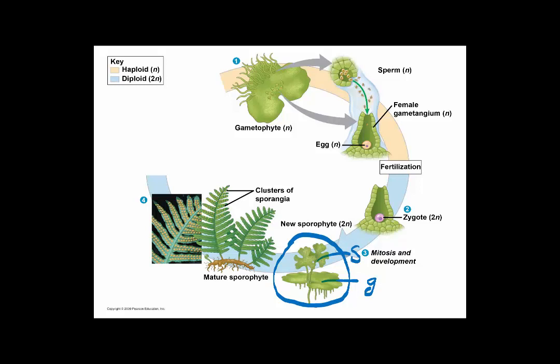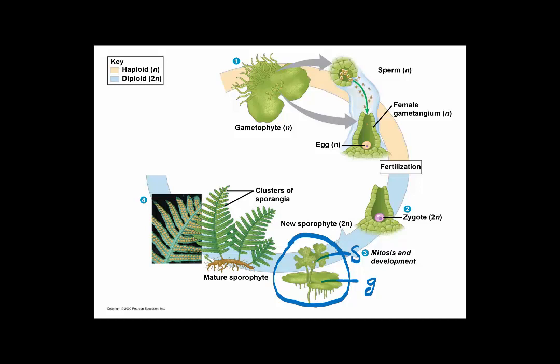And at this moment, the sporophyte is attached to its mother, attached to the gametophyte. It's configured the same way a moss is, except it doesn't have the same shape and look to it. But it's a gametophyte with a sporophyte attached. Same as bryophytes.